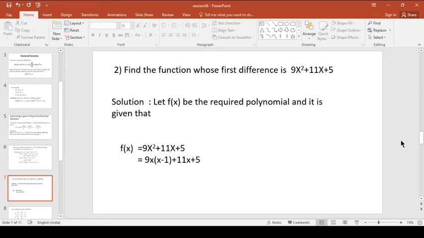Second one, find the function whose first difference is 9x square plus 11x plus 5. So here the solution is that let f of x be the required polynomial, and it is given that the first difference is 9x square plus 11x plus 5. So this polynomial we can write in this way: 9 into x minus 1 plus 11x plus 5.